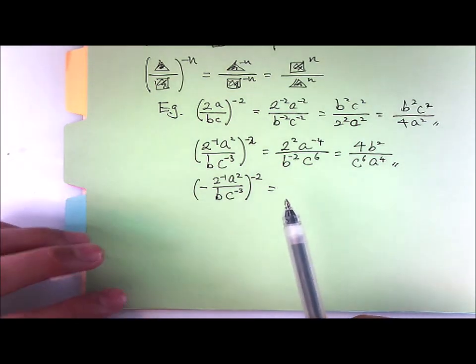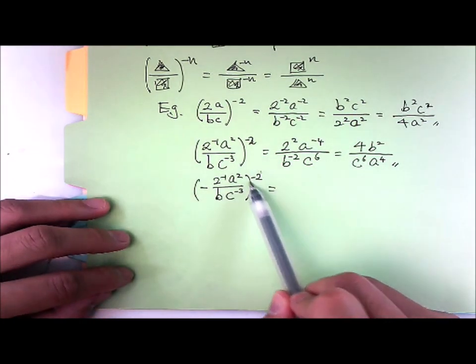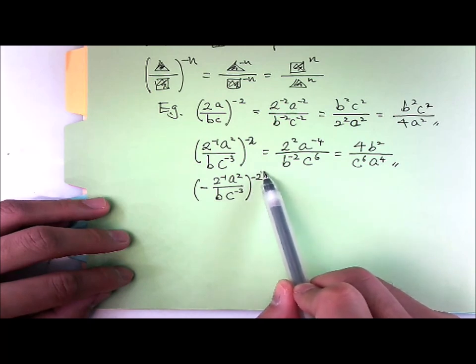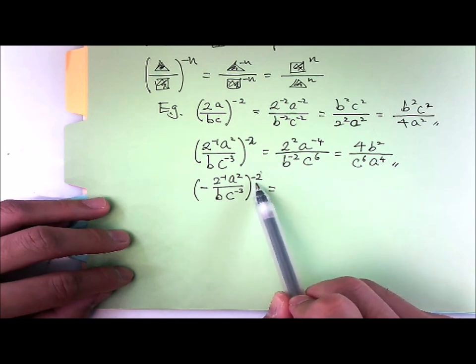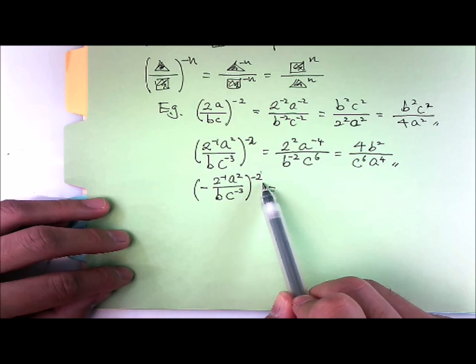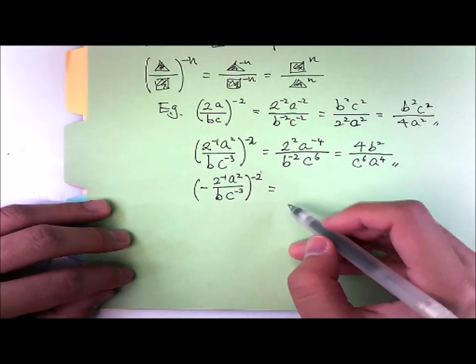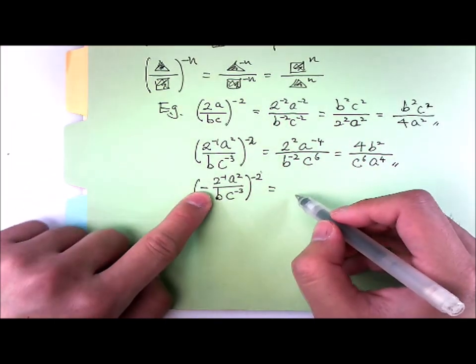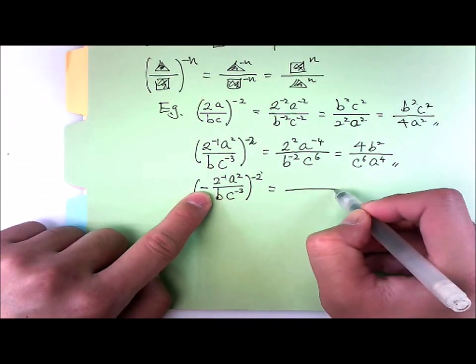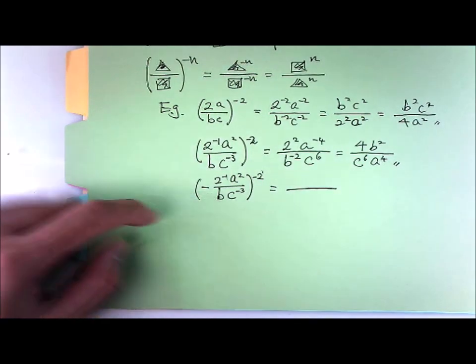So how do you know it? Because this minus 2, although it is negative, it's still an even number, right? So the result will be positive. Understand? So you have no need to write this negative again.